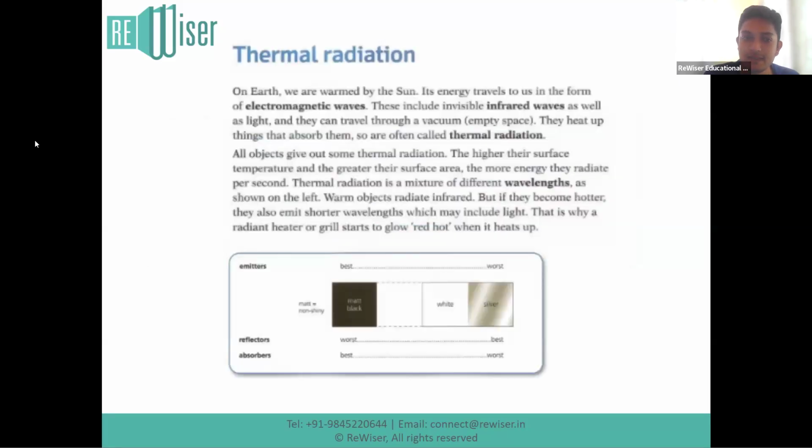Next, the last form of energy transfer is through thermal radiation. Remember, for thermal conduction and convection, there is an important necessity for an intervening medium which helps transfer of energy. Thermal radiation, however, is that form of energy transfer where the energy occurs through electromagnetic radiation.